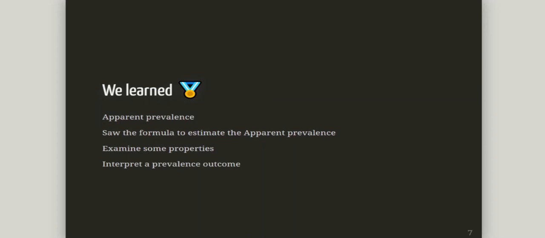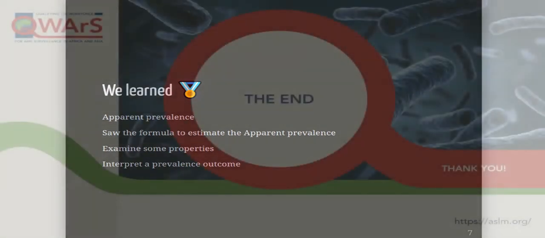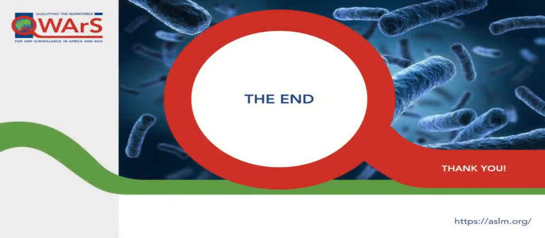We saw these properties, and you know how to interpret this prevalence because it's a proportion, and we multiply this by 100, and so we know the percentage of people or animals or anything else with a certain characteristic or a disease. So it's time to do some quizzes and exercises.